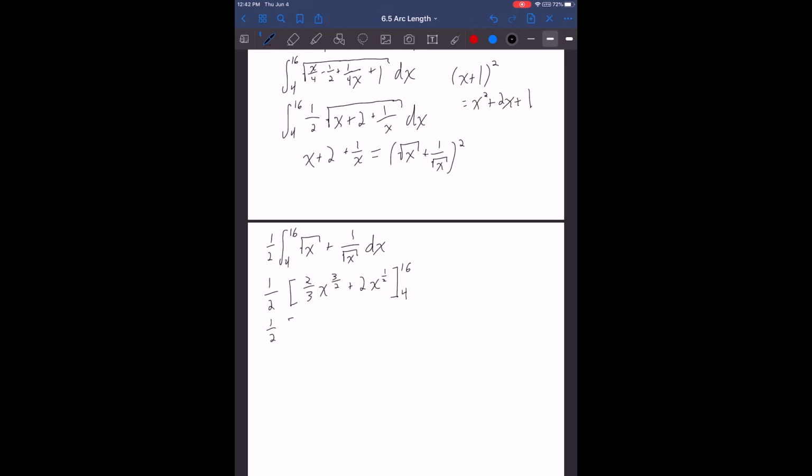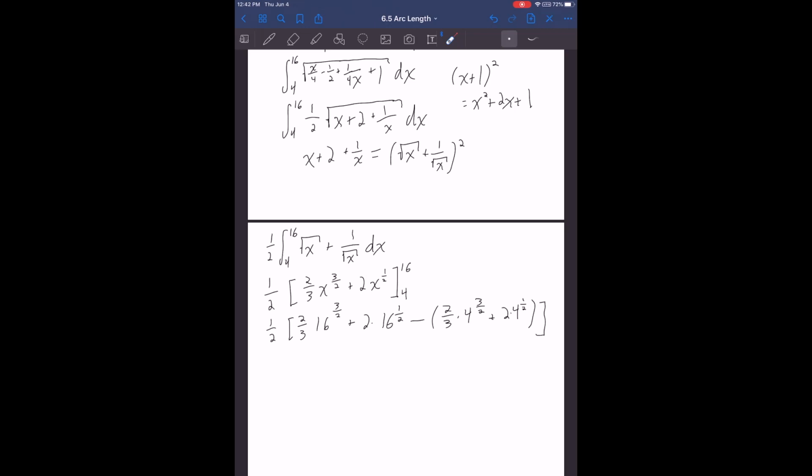And so when you plug everything in, we get that this is equal to 1/2 times 2/3 times 16 to the 3/2 plus 2 times 16 to the 1/2, and then minus everything when we plug 4 in: 2/3 times 4 to the 3/2 plus 2 times 4 to the 1/2.